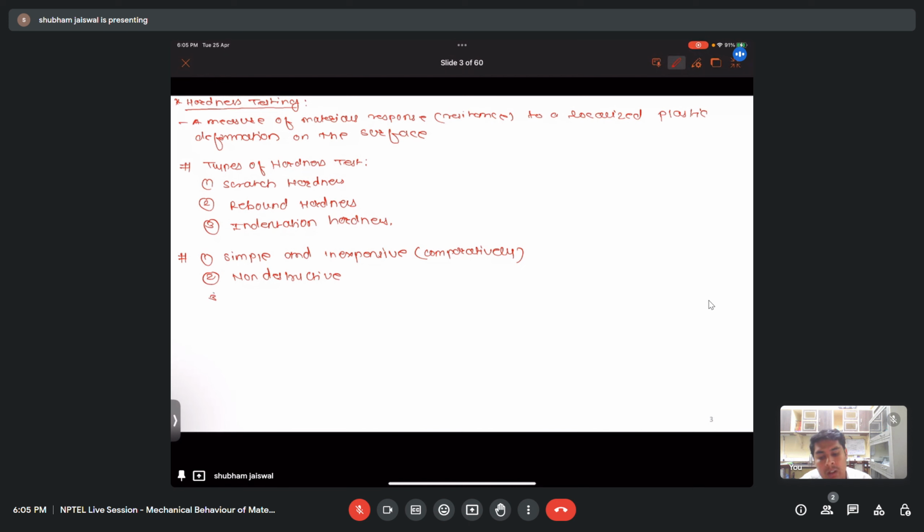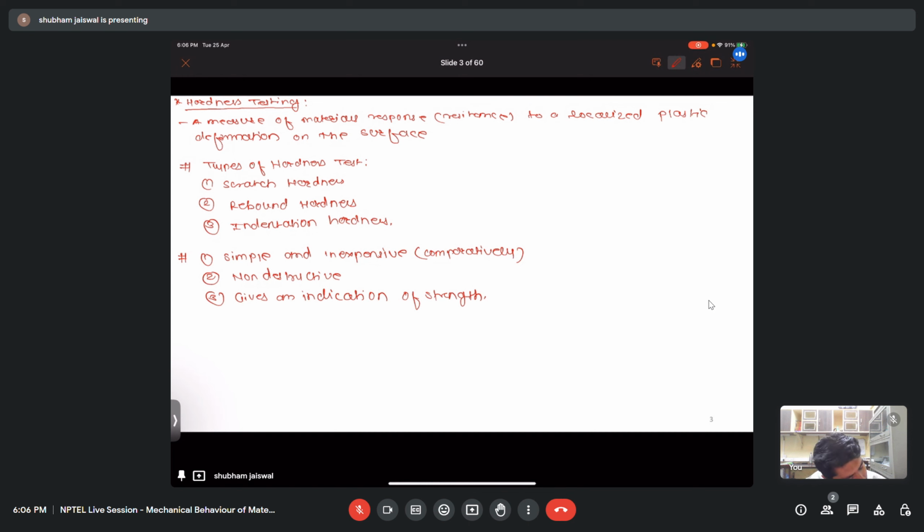And the third one is it gives an indication of the strength. So if you need any rough idea about the strength of the material, instead of doing the tensile test, you can roughly give the estimate from the hardness test.